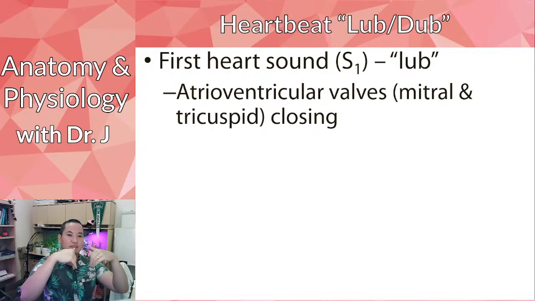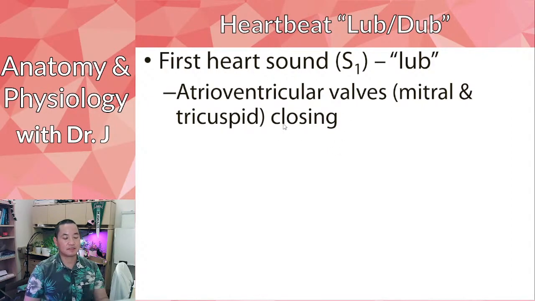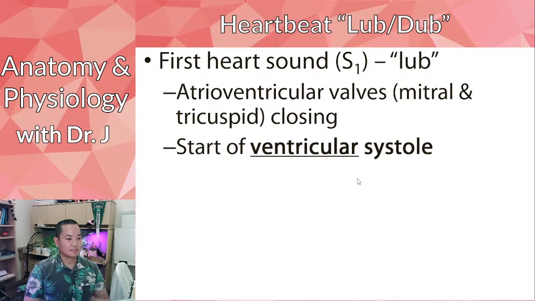It's from these valves snapping shut due to that increased pressure that causes the first heart sound. We have a mitral and tricuspid because we have a left and right side of our heart. This is the start of ventricular systole, systole squeezing, increasing that pressure, but you don't want that increased pressure to push blood back into the atria. That's why it's the AV valves that are closing.